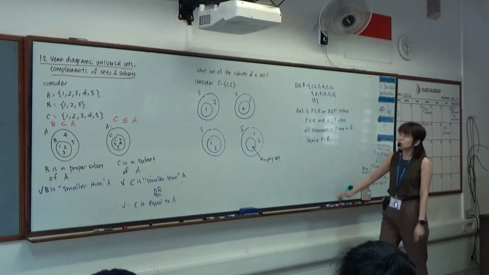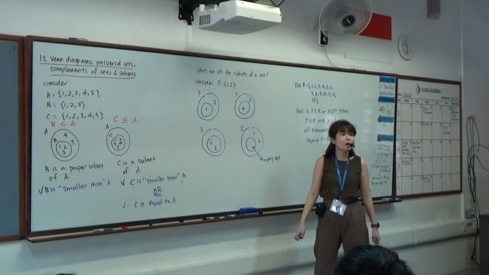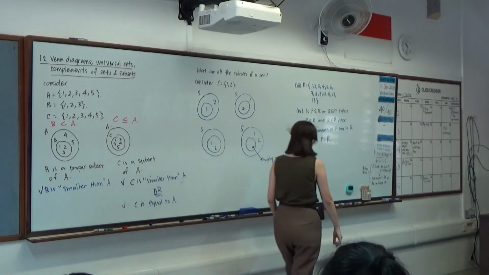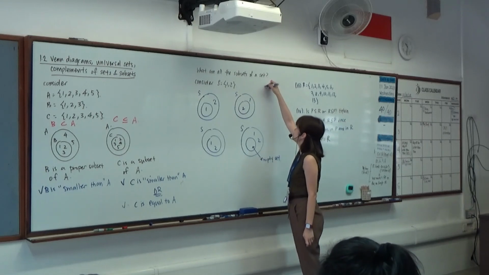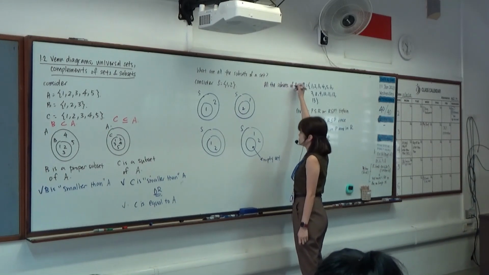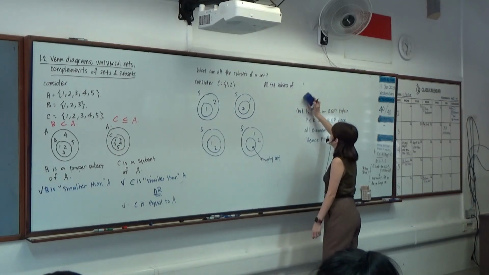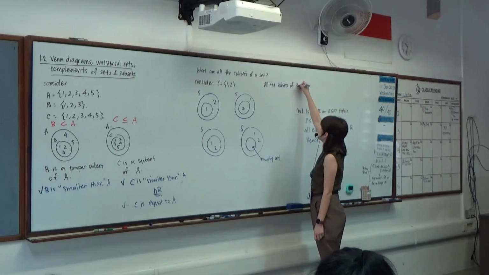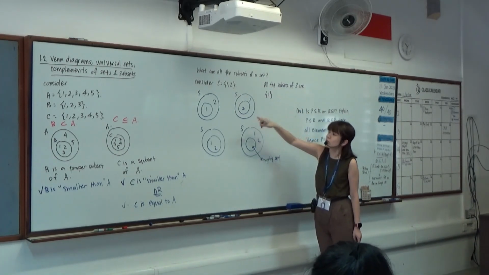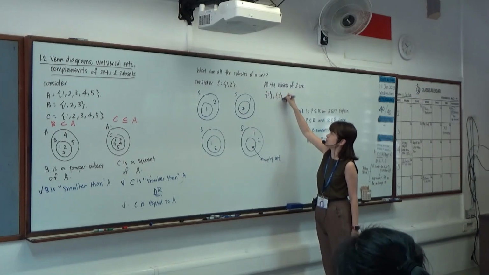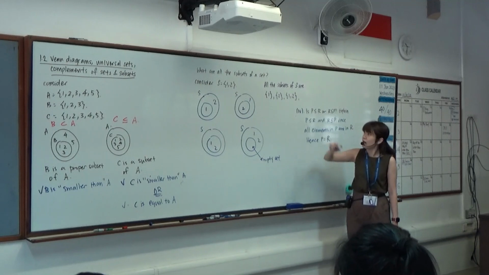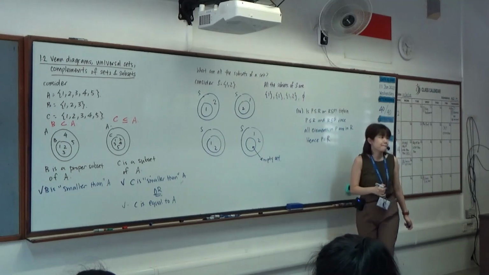So whenever we want to identify all the subsets of a given set, all the subsets would be the set containing just 1, the set containing just 2, the set containing both 1 and 2, as well as the empty set.